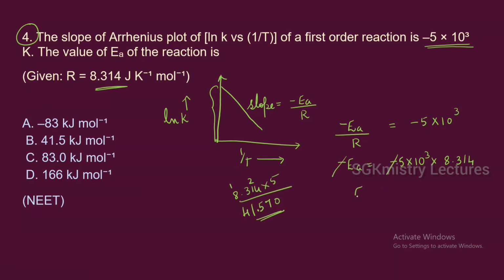Minus and minus cancels. So EA is equal to 41.5 into 10 to the power of 3 joules per mole, or I can also write it as 41.5 kilojoules per mole. So we have the answer, that is option B, 41.5 kilojoules per mole.